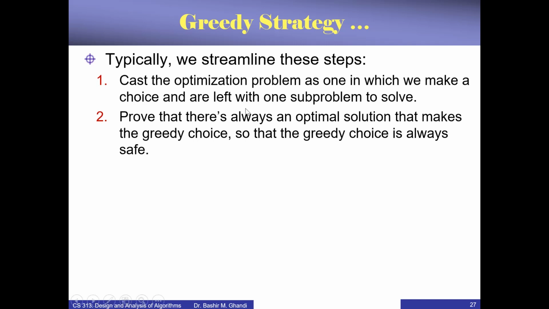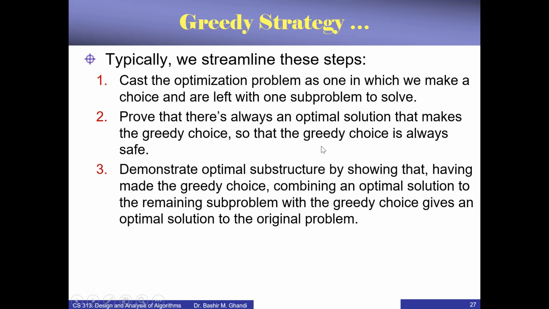Okay? Of course, you need to prove that there is always an optimal solution that makes a greedy choice, so that the greedy choice is always safe. Yeah, the greedy choice you make in step 1 here, you have to prove that it is safe. Okay? And then demonstrate optimal substructure by showing that having made the greedy choice, combining an optimal solution to the remaining subproblem with the greedy choice will give an optimal solution to the original problem. Okay? So those are basically the steps you need to do.